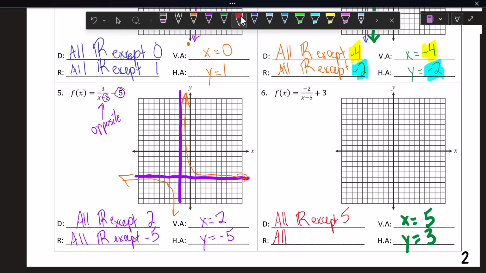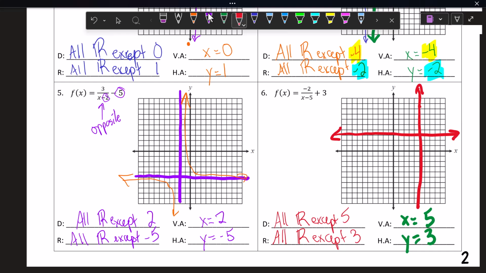And our range is all real numbers except what our horizontal asymptote is, 3. So we have asymptotes at x equals 5 right here, give or take. Pretty horrible straight line. And y equals 3.